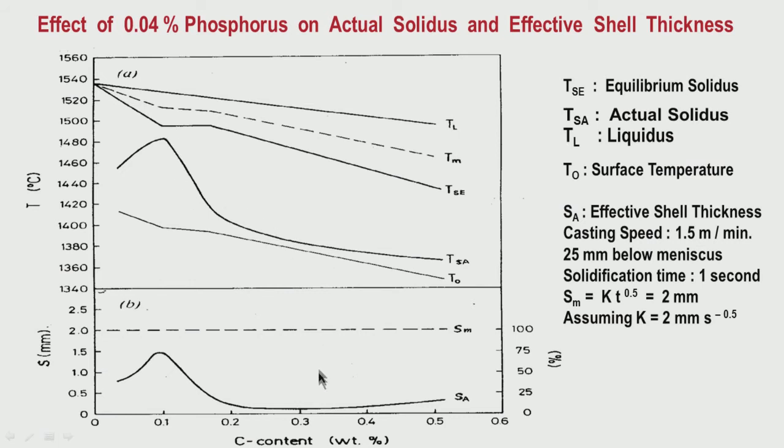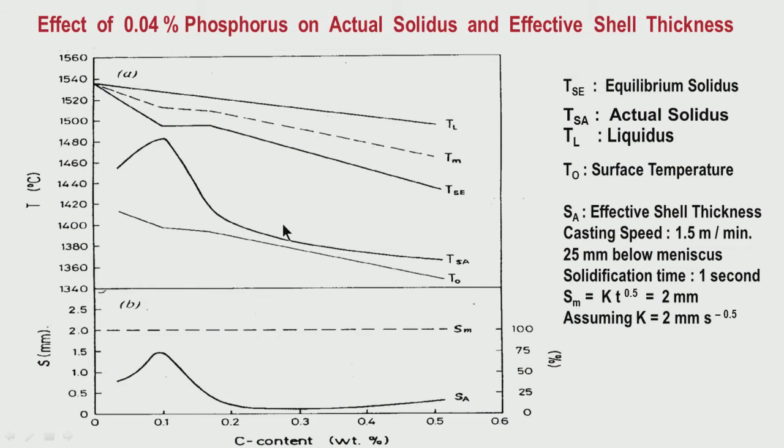compared to a situation like, say, at 0.3% carbon, when the level of segregation is more. Because of that, actual solidus is suppressed to a large extent, and the temperature interval for solidification, the difference between TL and TSA, is quite wide, quite large.